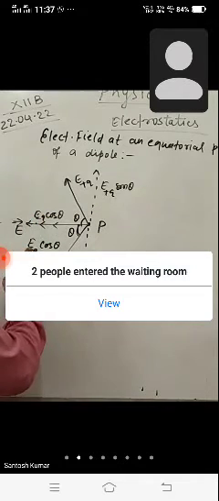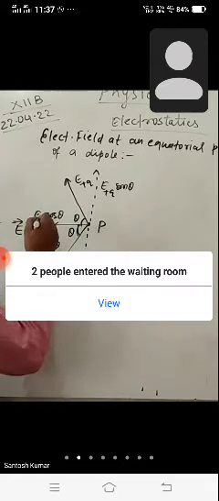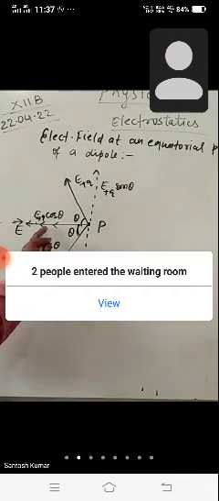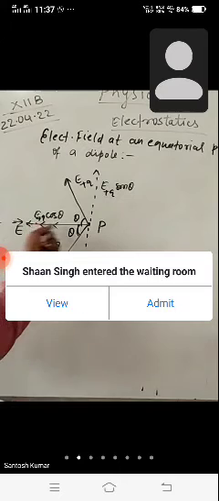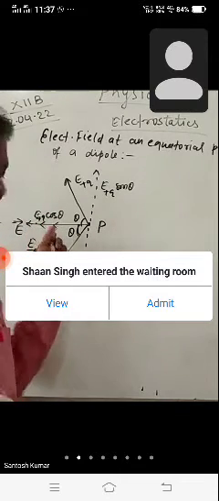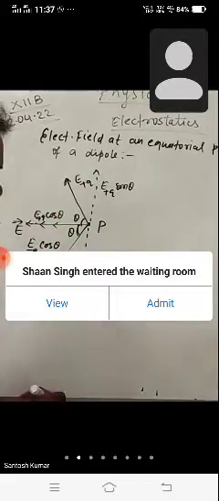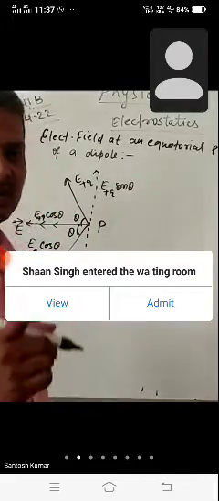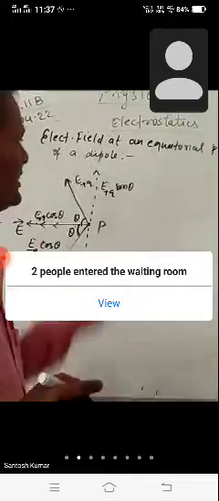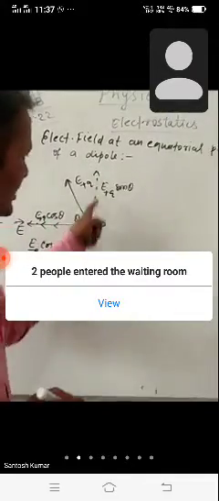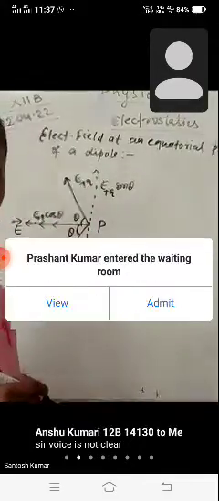So you can write there minus. These components, plus Q cos theta and minus Q cos theta, are perpendicular to the axis of the dipole, perpendicular and opposite, so they will cancel each other, right?